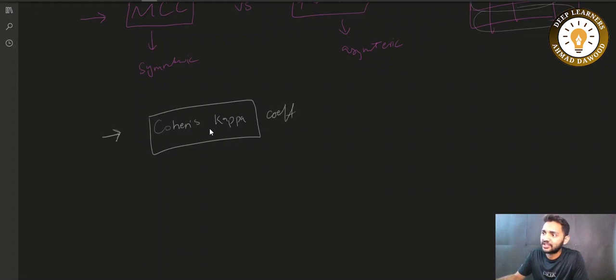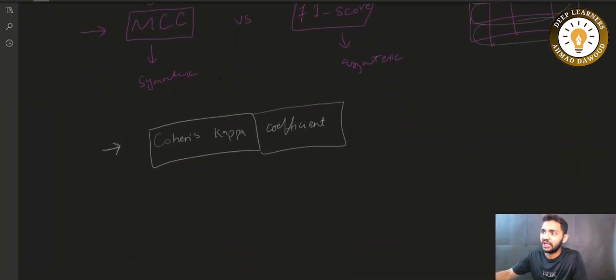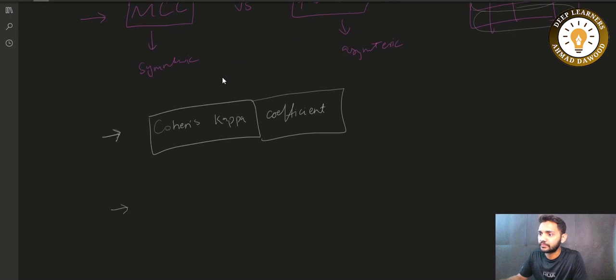It's a statistical method; Matthews is also a statistical method. I am not going into the detail of that because its interpretation is a little different, and I hope you can cover all of that from what we have discussed. People are also using cross entropy.